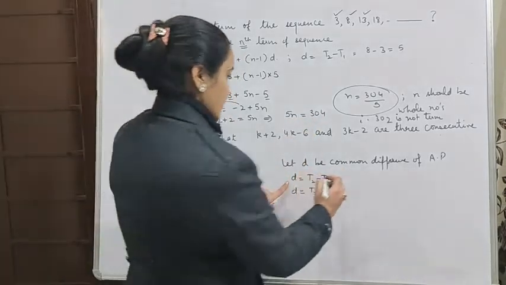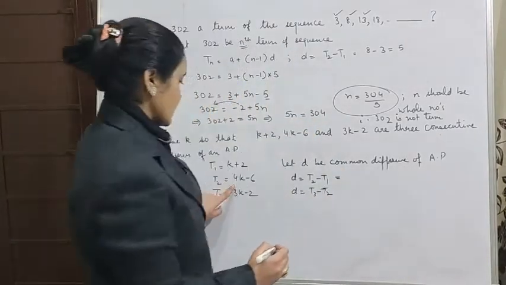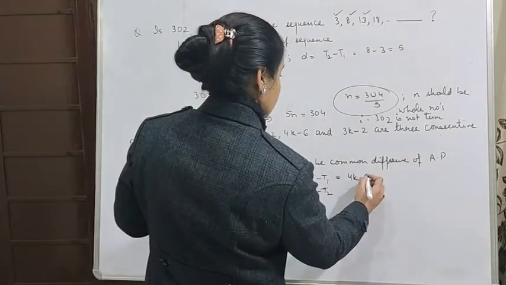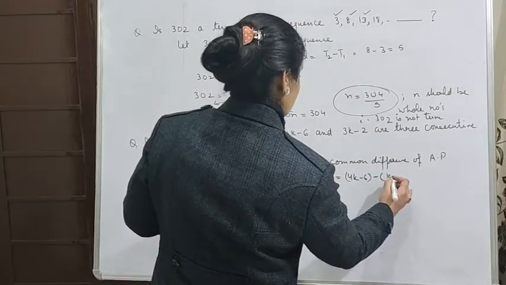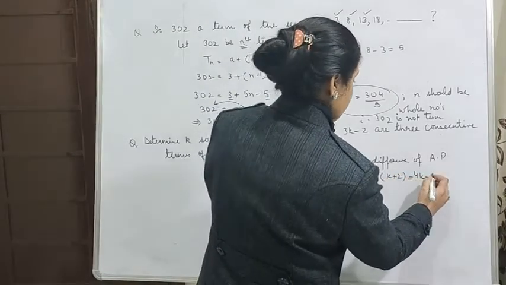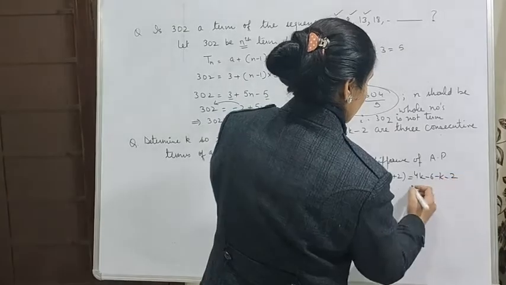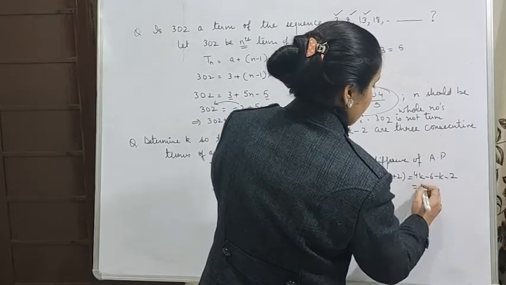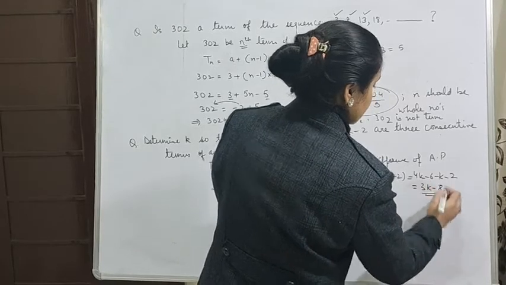So this is T2 and this is T1. So we have 4k minus 6 minus k plus 2. So this will be 4k minus 6 minus k minus 2. So 4k minus k is 3k, minus 8. Clear?